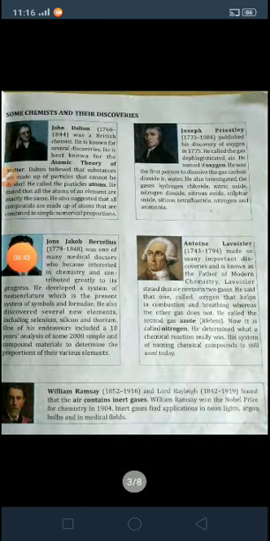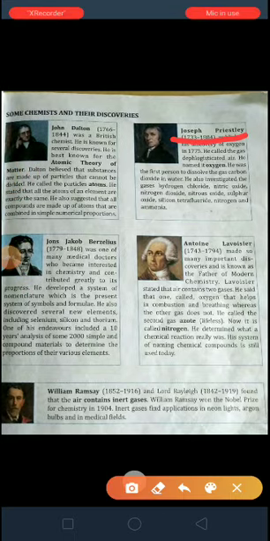Fifth question. Oxygen and nitrogen were discovered by dash, Joseph Priestley or Henry Cavendish. Joseph Priestley, he is famous for oxygen.